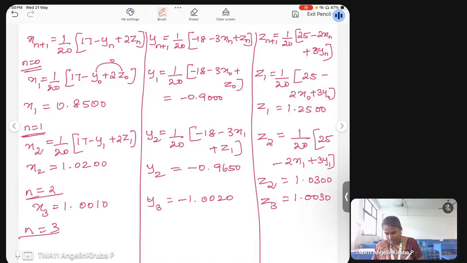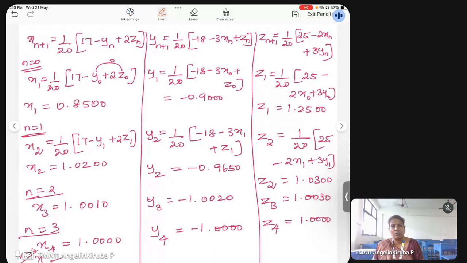So if you put n is equal to 3, x4 you will be getting 1.0000, y4 equals to minus 1.0000, and z4 is equal to 1.0000. And finally, x5, that is n is equal to 4. If you substitute n is equal to 4, you will be getting x5. So that is also equal to 1, y5 minus 1, and z5, it is 1.